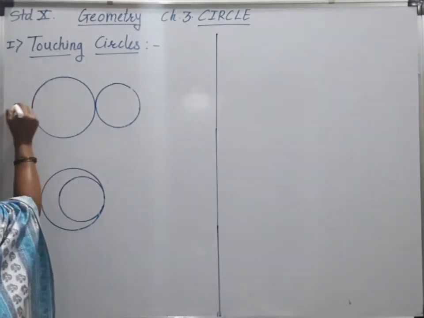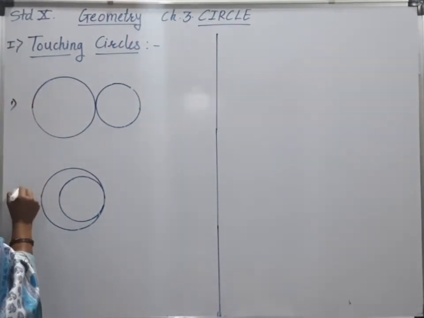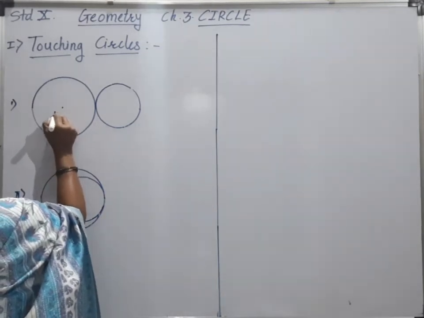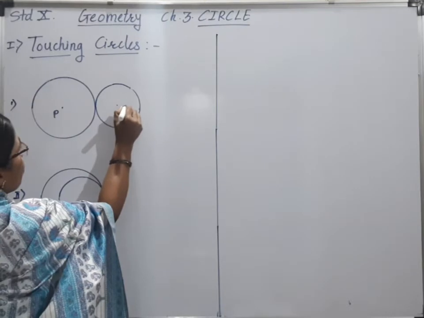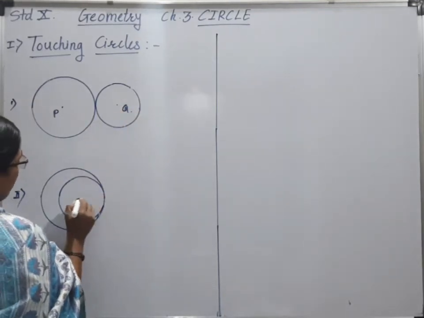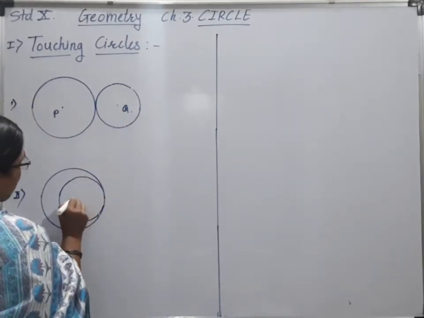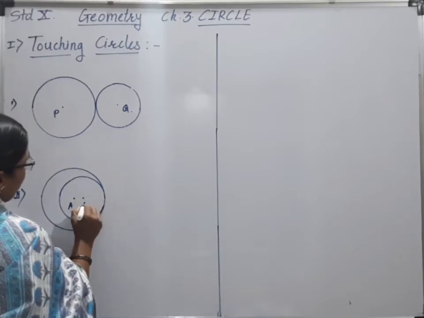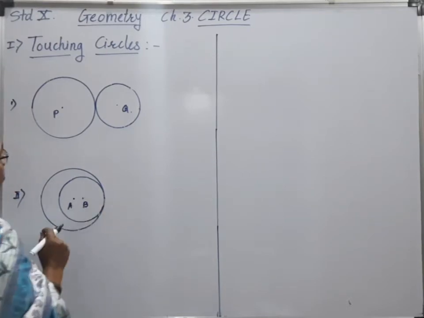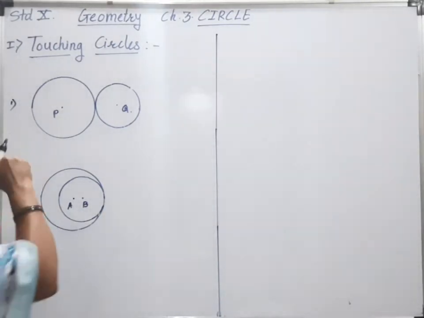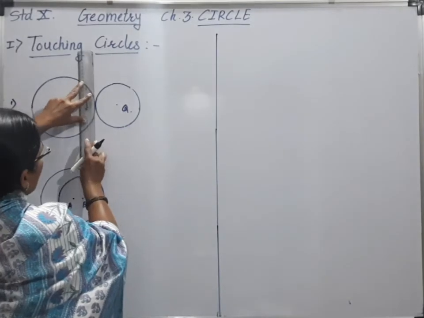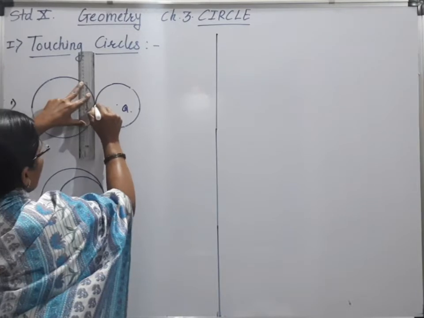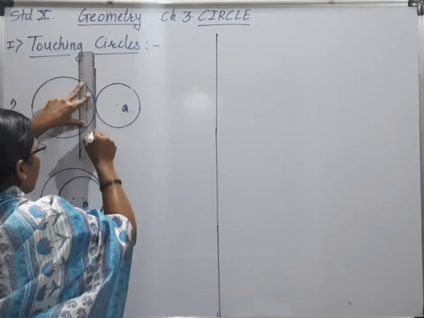The center of this circle is P, and the center of this circle is Q. In the second figure, the center of the bigger circle is A, and the center of the smaller circle is B. Now in these two circles I am drawing one line, a tangent which is common to both.